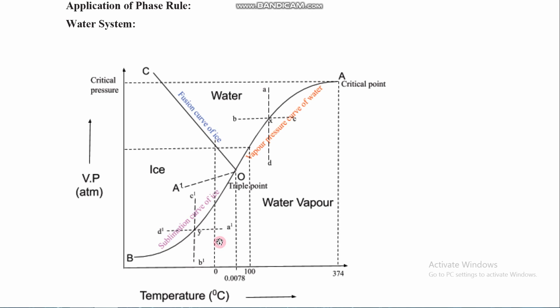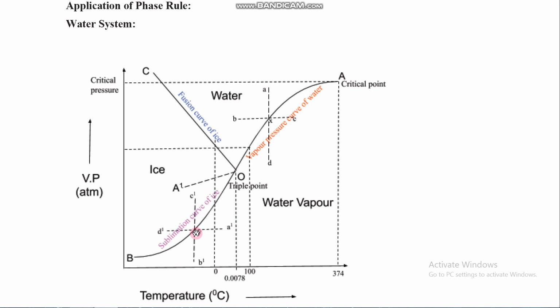The solid is converted to water vapor. So the area lying below the curve OB is water vapor. Therefore, the area occupied below the curve OB is due to water vapor.